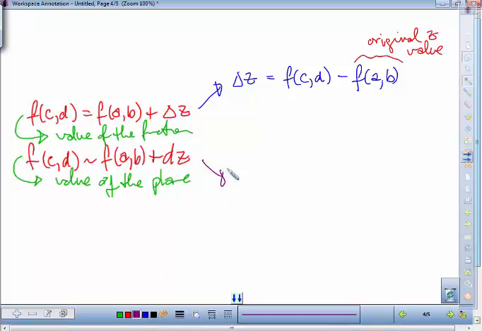On the other hand, dz is going to be equal to, if we bring this over to the other side, since this is an approximation, we're going to use a tangent plane.